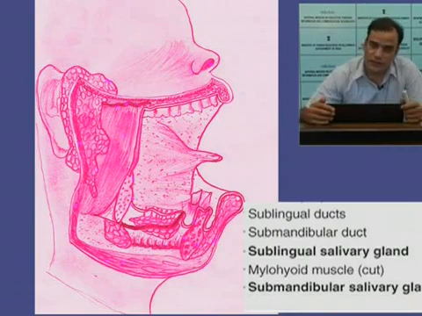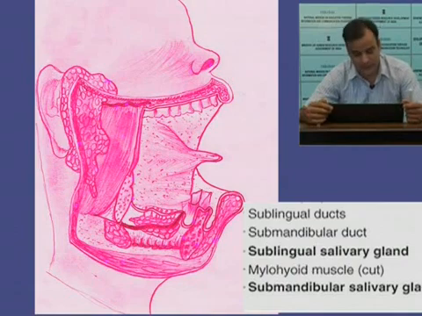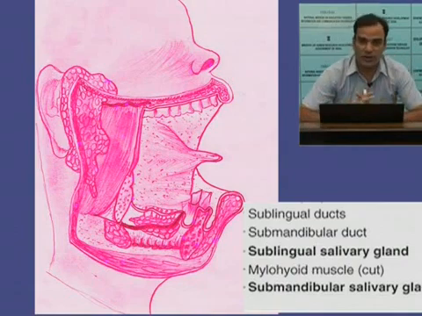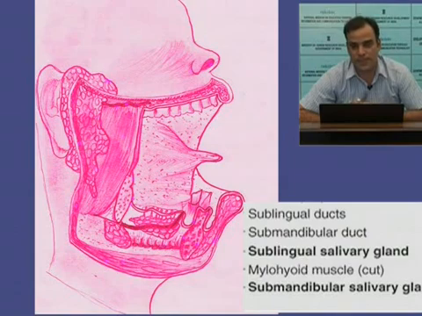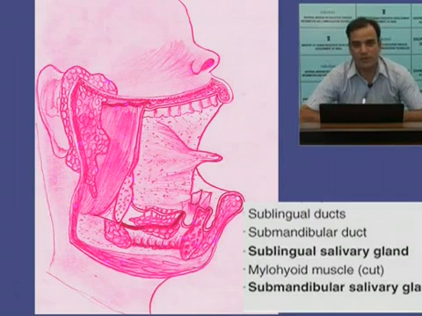Now, the third major salivary gland is the sublingual glands. These are the smallest of the 3 salivary glands, and they are situated at the floor of the mouth. Sublingual glands have many small ducts, approximately 5 to 15 small ducts that open on small papillae beneath the tongue.